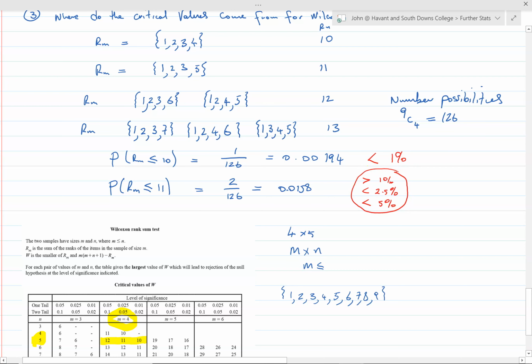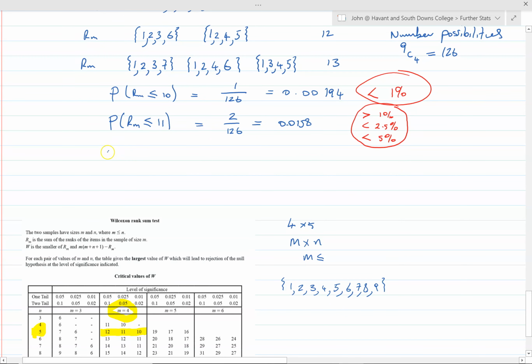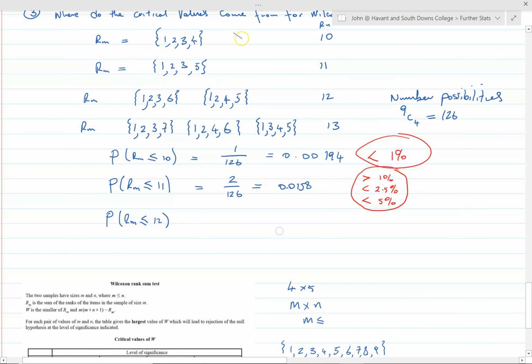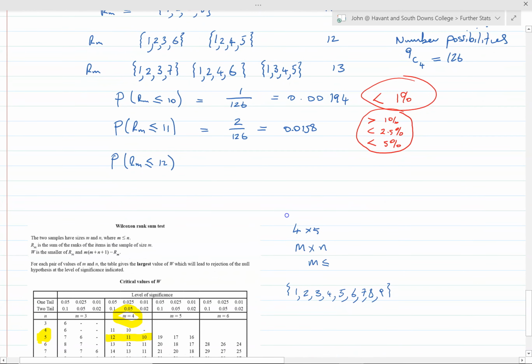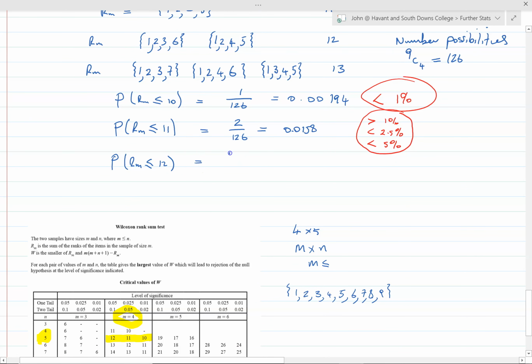Okay, let's look at the probability that RM is less than or equal to 12, so that's 10, 11 or 12. We can see that there are 4 possibilities there, so that's 4 out of 126, which equals 0.03175.